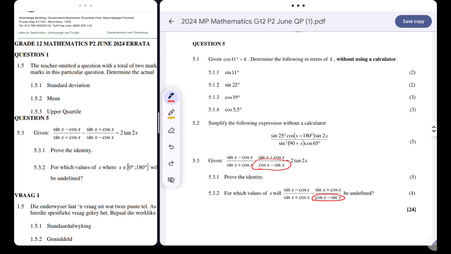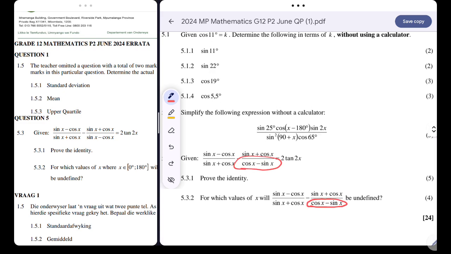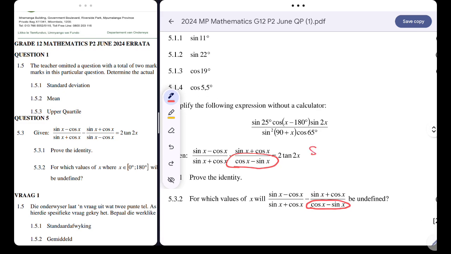Please note that our denominator, let's say we are given (sine x minus cos x) all over (sine x plus cos x), then we have minus (sine x plus cos x) over (sine x minus cos x).